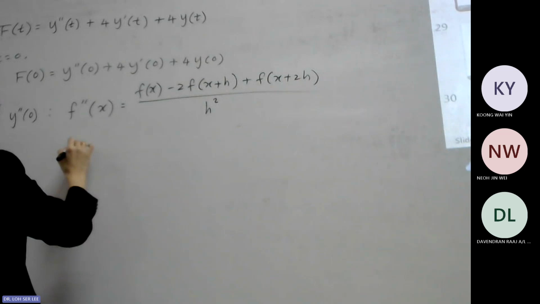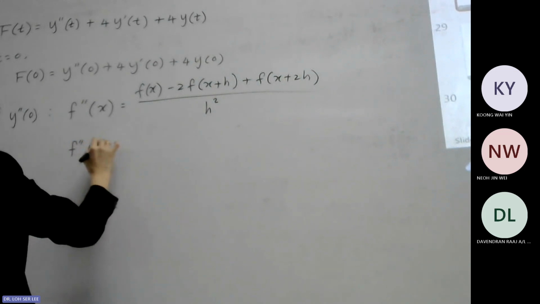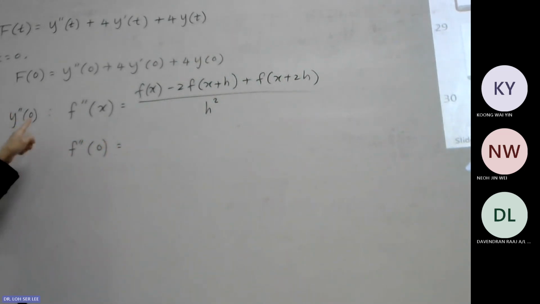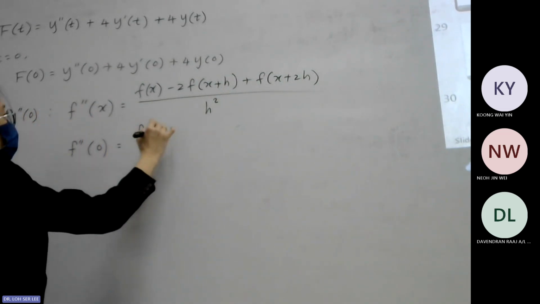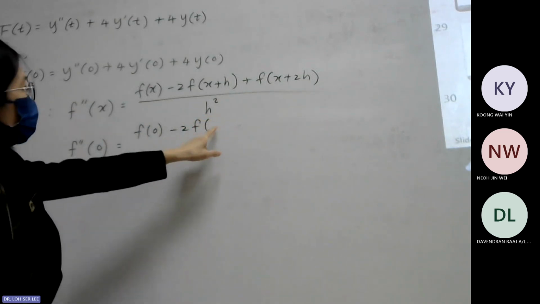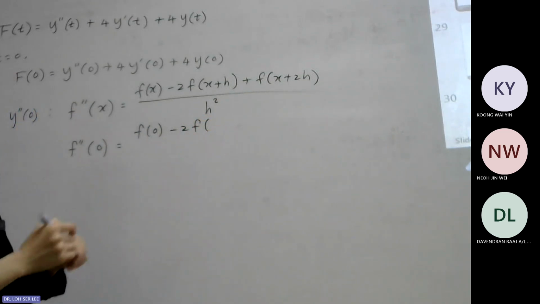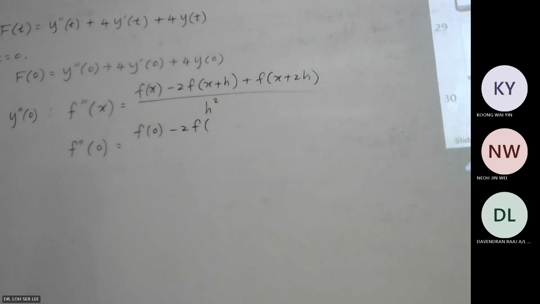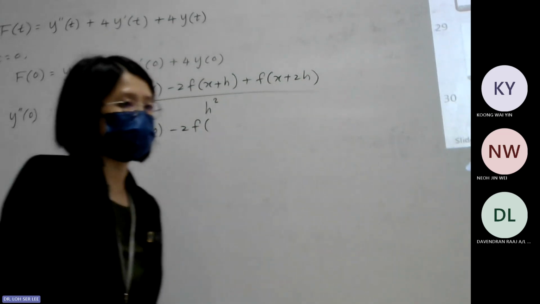To get y double prime at 0, we want x to be 0. So it means we need h. What is your h?